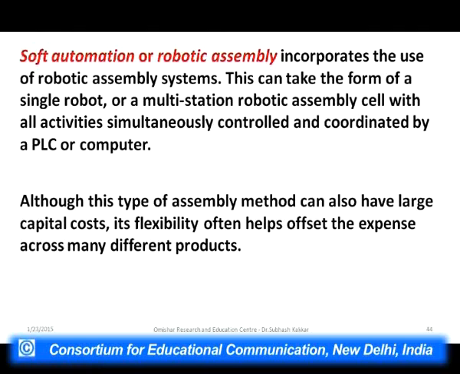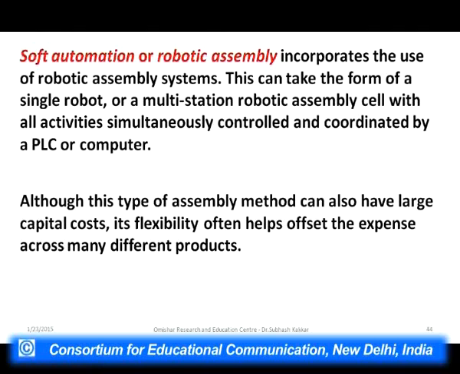Although this type of assembly method can also have large capital costs, its flexibility often helps offset the expense across many different products. These robotic methods can be used for a number of products, not like hard automation where a single machine does only a single product.